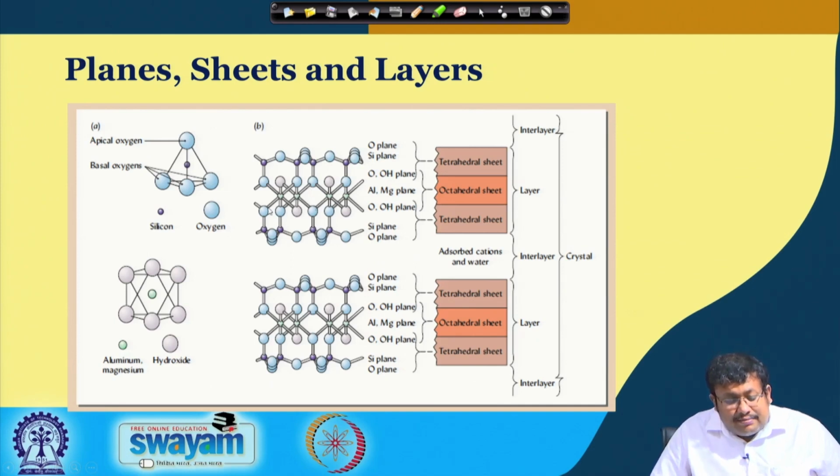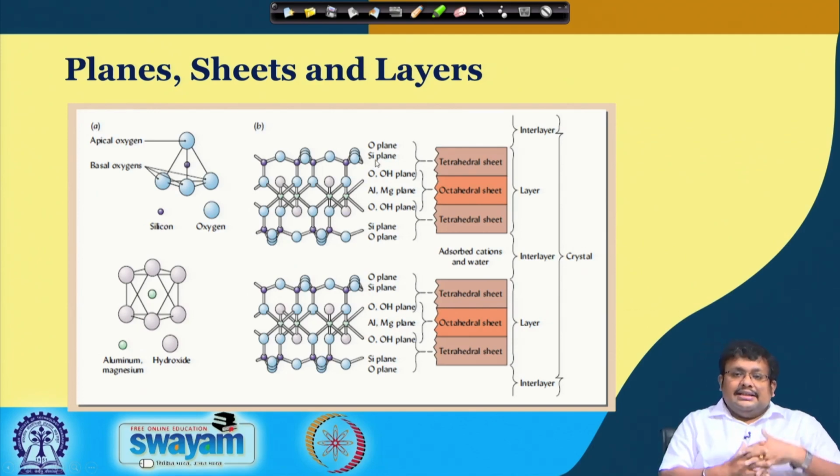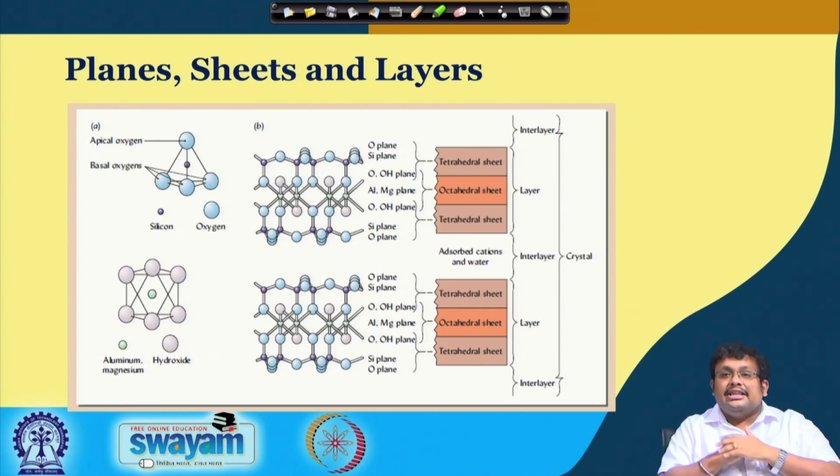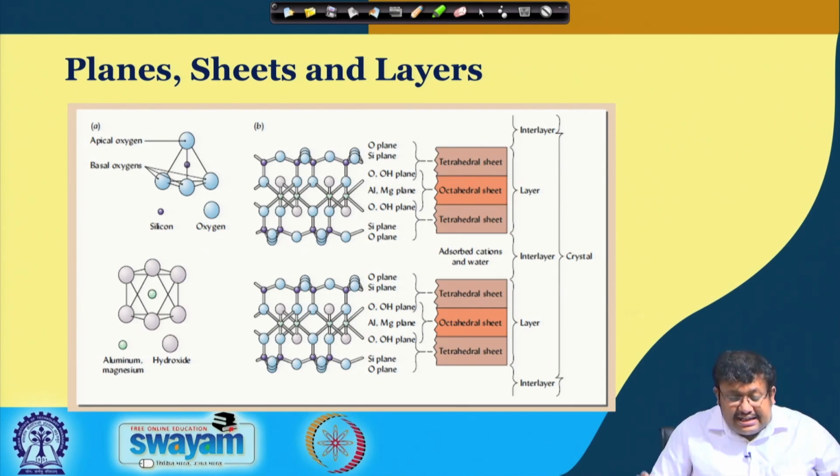The similar thing will be repeated here also. This is how we get a total 2:1 type of structure. So, one thing is clear: to join two different sheets, they need to share their apical oxygen, specifically the apical oxygen of the tetrahedral sheet, and that is why they join.